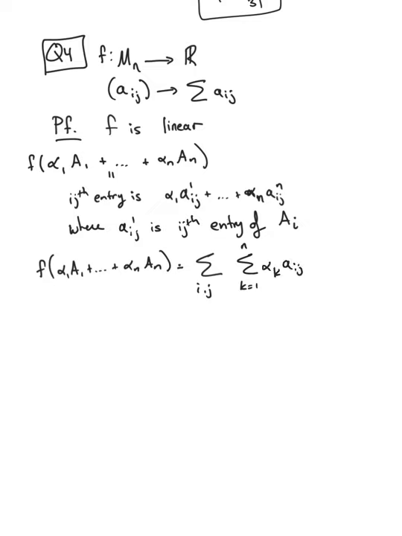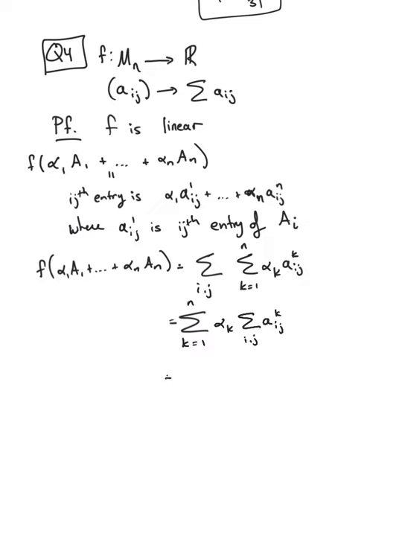Now we can switch the order of summation. So we get the sum from k equals 1 to n of alpha k, sum over i and j, a sub ij to the k.